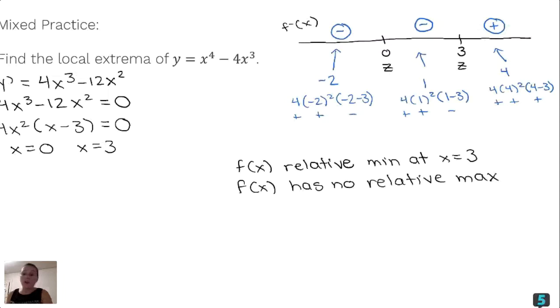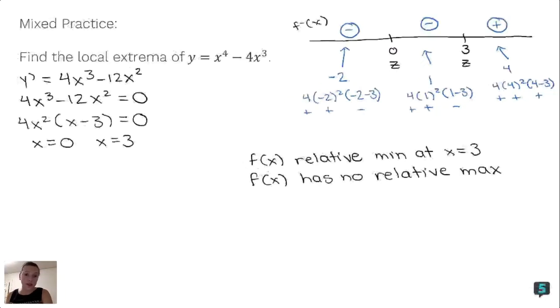Now, we haven't quite answered this question, actually, okay? When we are asked to find the local extrema, when we're asked for max and min, we actually need to give a y value. So I know that f of x has a relative minimum at x equals 3, but I haven't actually said what the relative minimum is.